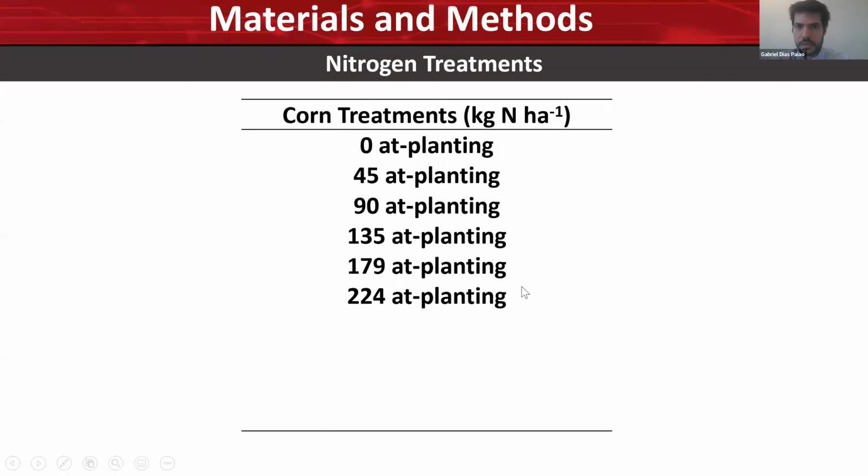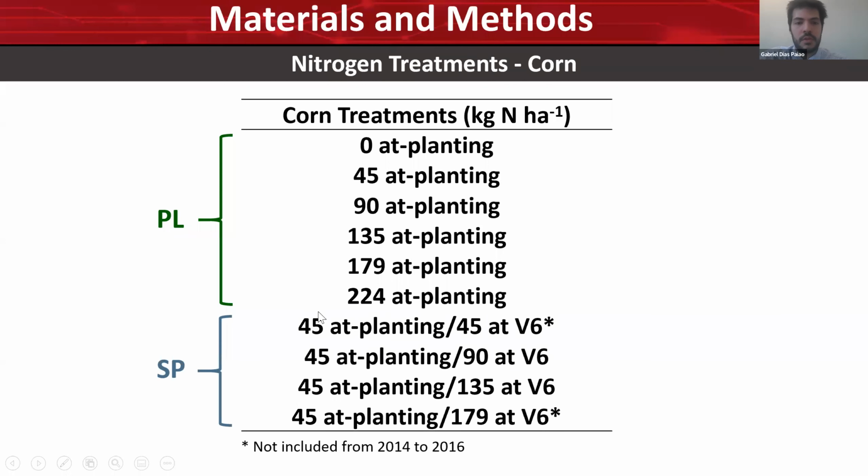In terms of nitrogen treatments for corn, we had a full response curve applied near planting time, which we are calling PL for this presentation. And we also had a full response curve for a split nitrogen application. And this split nitrogen application had 45 kilograms per hectare applied near planting time, and then the rest of the rate, to match the same amount in the at-planting treatments, at V6 development stage.